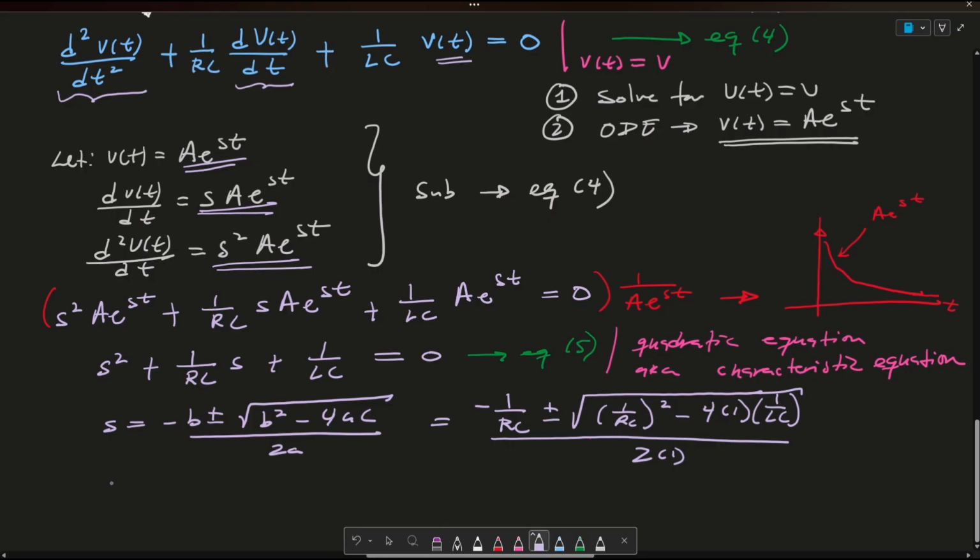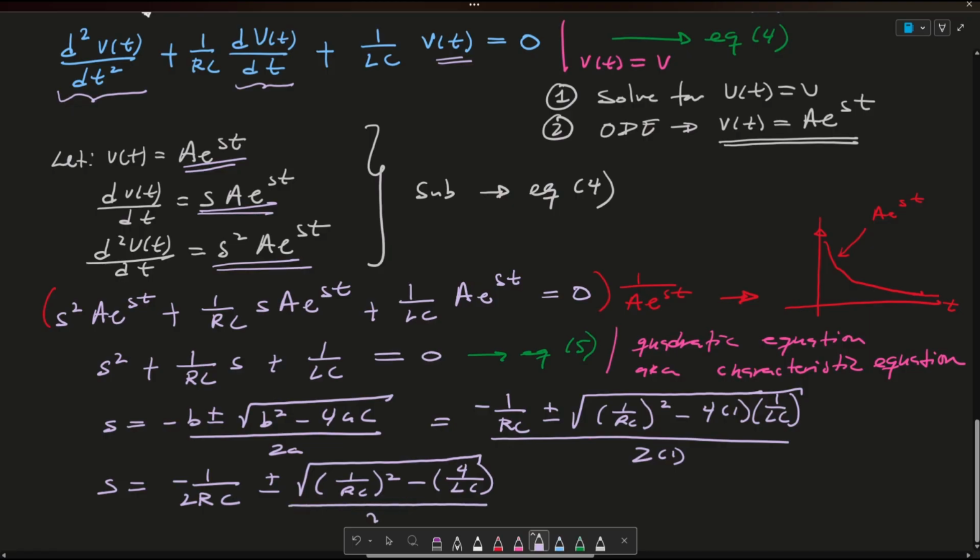If we go ahead and simplify this, we get that s is equated to minus 1 over 2rc plus or minus the square root of 1 over rc squared minus 4 over lc. And again, this is all over 2 squared.